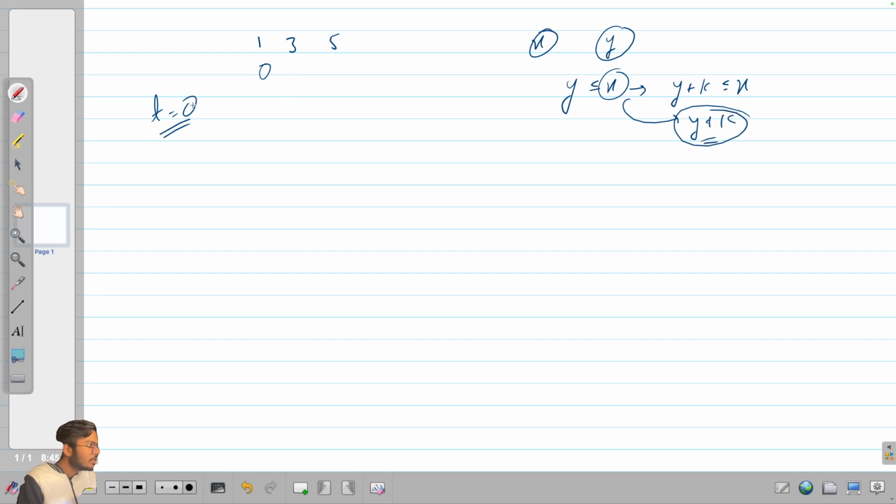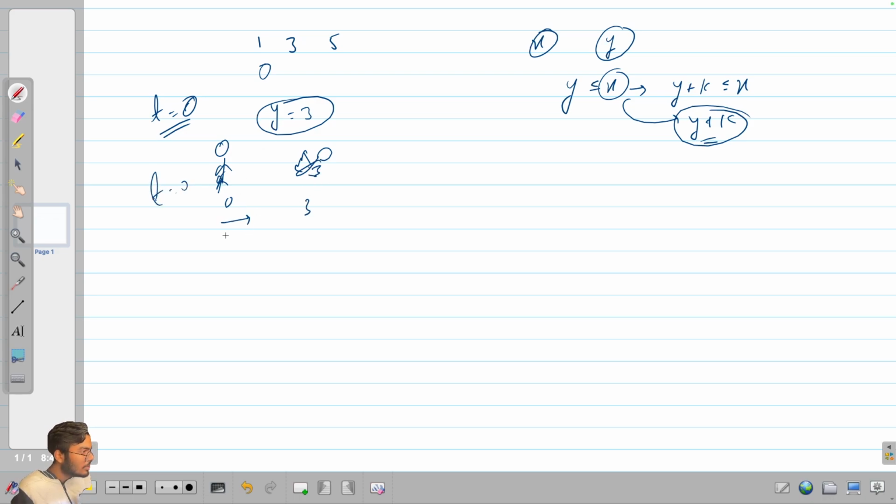So clearly at t equal to 0, the scarecrow is at position 0, so the crow will move to position 3. And then there is a scarecrow at position 0, and there is a crow, pardon my drawing, at position 3 at time t equals 0, right?